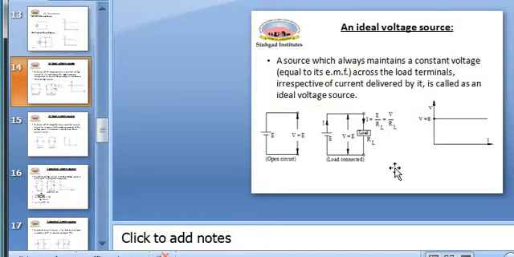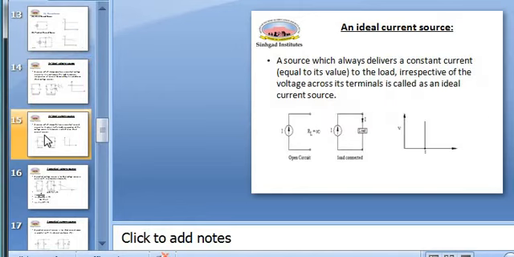Current increases, then automatically the opposing factor will reduce to make this voltage constant. Therefore, you can see here the current is 0, the current is increasing, but the output voltage V is the same as the input voltage. It never changes. Right? Such a voltage source is called an ideal voltage source.